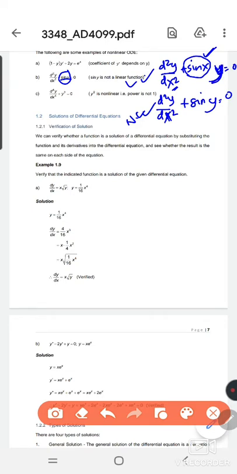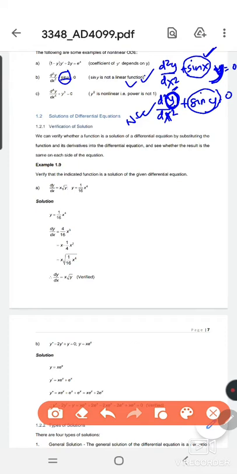Y ni mewakili yang ni, dia second derivative, and then yang ni y. So dia tak ada problem, dia adalah linear. Tapi kalau awak letak sin y, sedangkan y ni adalah dependent, dia kena y yang single macam ni, dia tak boleh sin y. So that's why this one is non-linear.